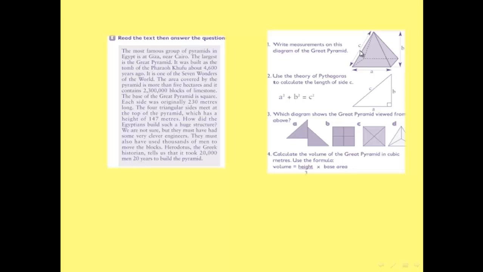We want to calculate number C. Number 2, use this theory of Pythagoras to calculate the length of side C. Here we have a triangle, and we want to calculate the 3rd side, I mean side number C.